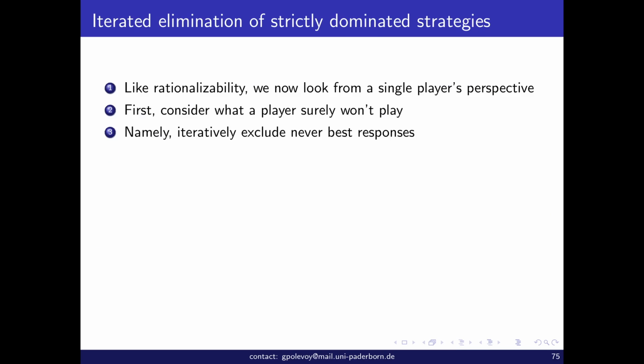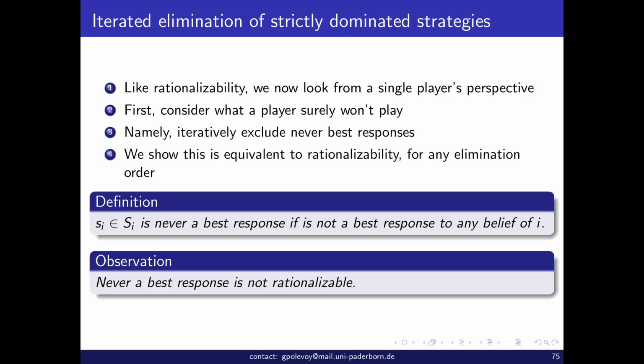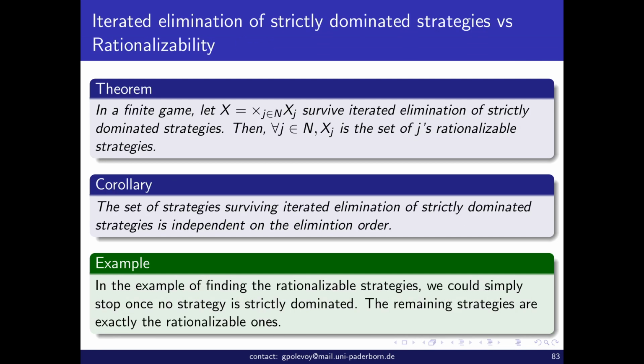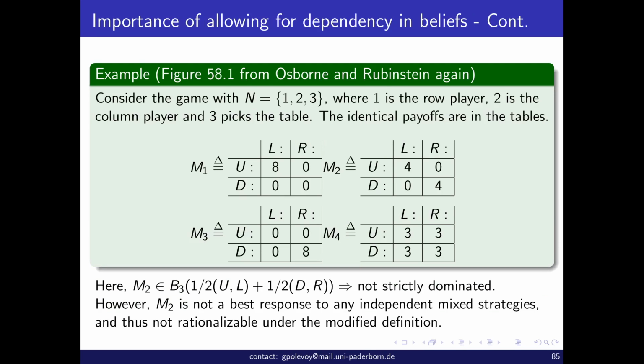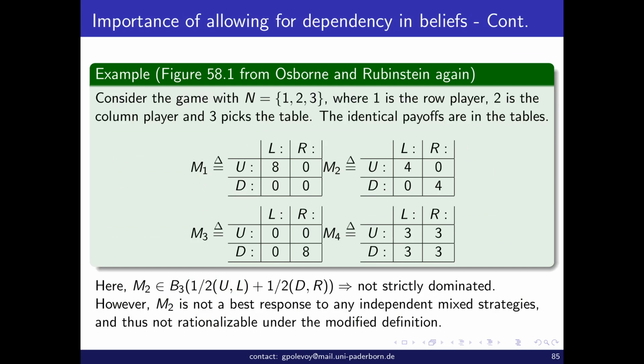We showed that M2 is not the best response for any independent distributions of the strategies of player 1 and 2, simply by the calculations. Okay, now, so for any independent mixed strategies, it's not the best response, but it is the best response for a strategy which assumes dependency.